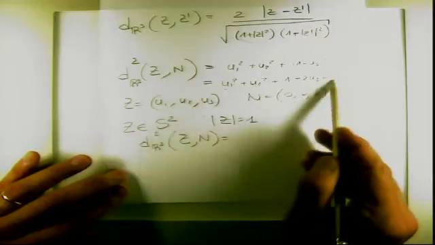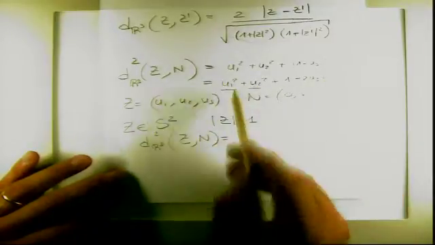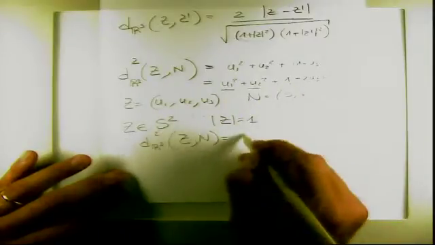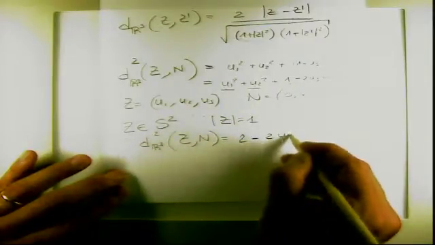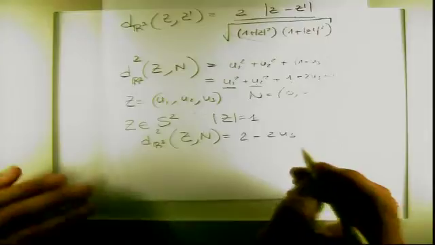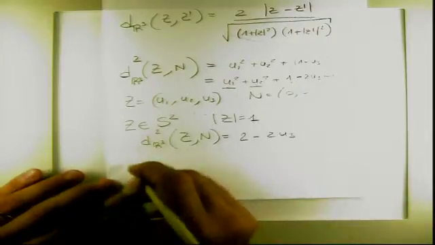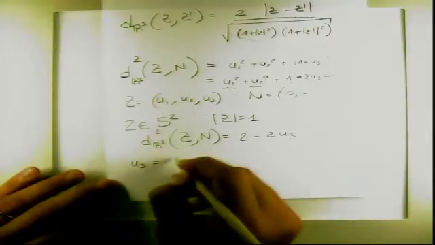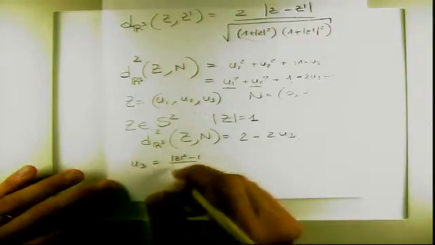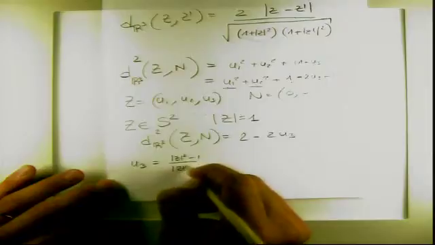So this expression here is given by these 3 summands, which give 1, plus 1, so 2 minus 2u3, okay? But remember that u3 was t, or modulus of z squared minus 1 over modulus of z squared plus 1.